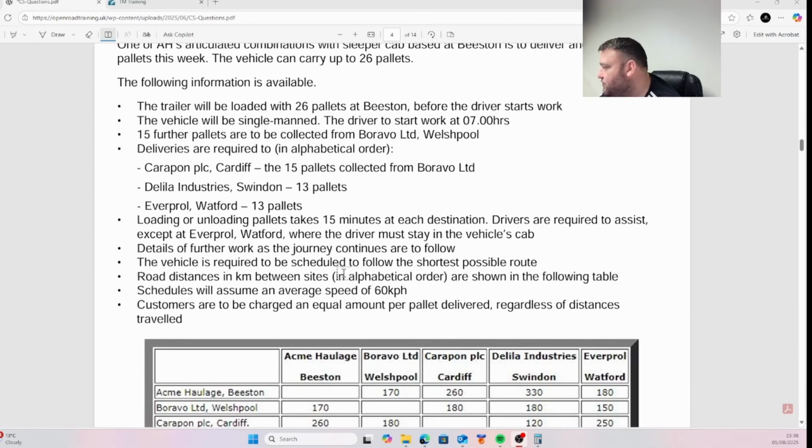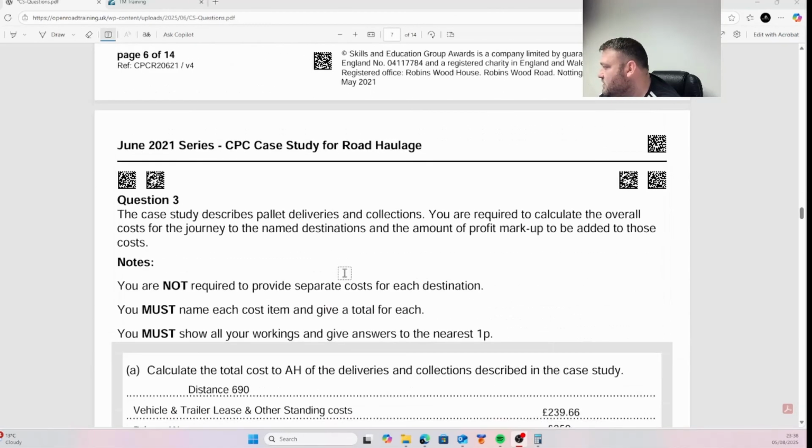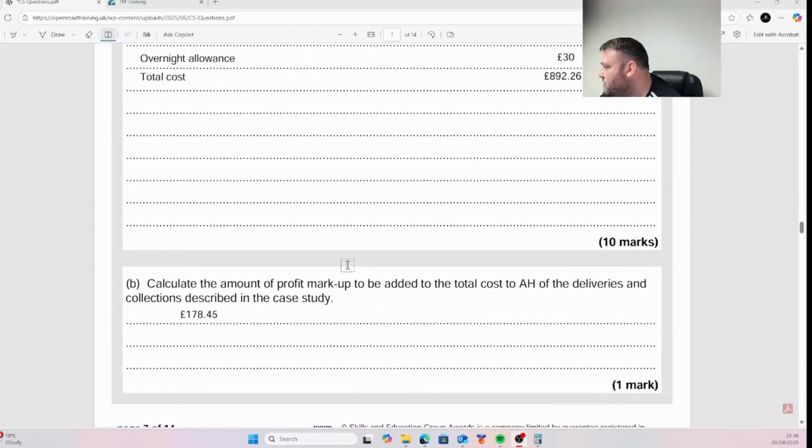Now we need to know the total, and then we're going to divide that by 41. So to get the total, we are going to add these two numbers together. So we've got a total cost, 892.26. We're going to add that to the 178.45.